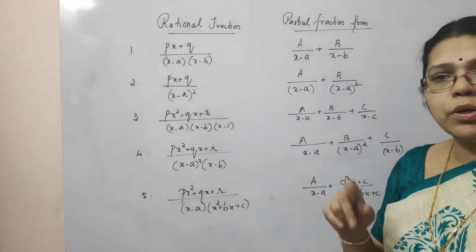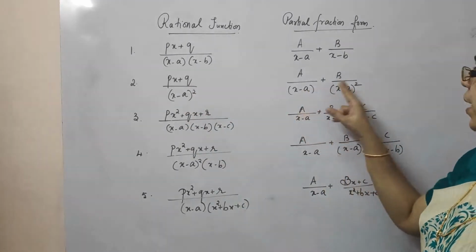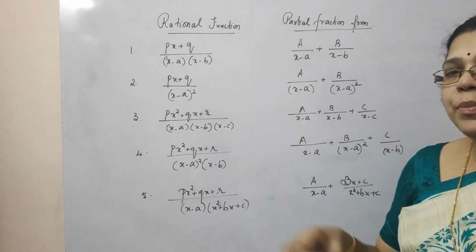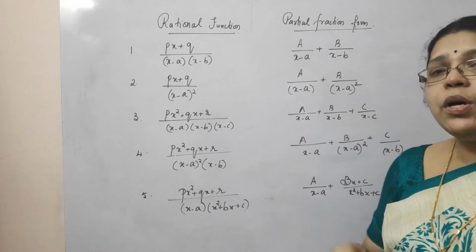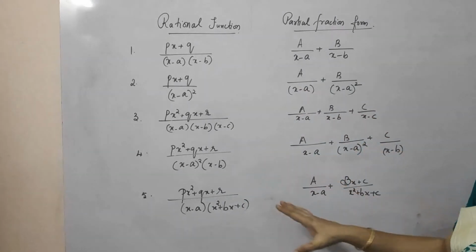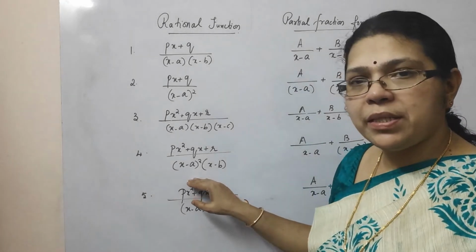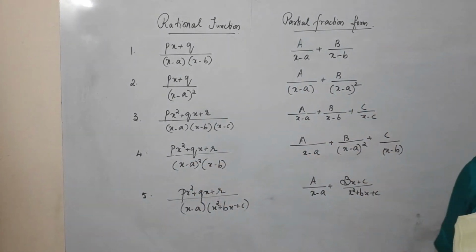A and B, 2 constants. Again here, degree is 2. Again, you had 2 constants A and B. Here it was a cubic expression. How many constants will you have? A, B and C. There are 3 constants. Likewise in the next 2 also. Okay. The degree of the denominator determines the number of constants in the partial form.